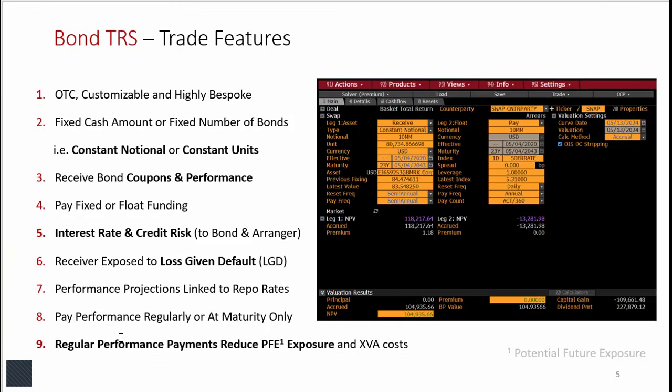So that's quite a useful feature, just to choose to receive performance with your coupons instead of receiving one big lump at maturity. So that's something to be aware of in terms of reducing your XVA costs.